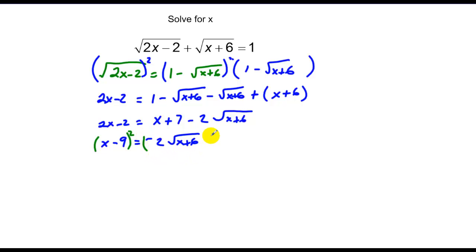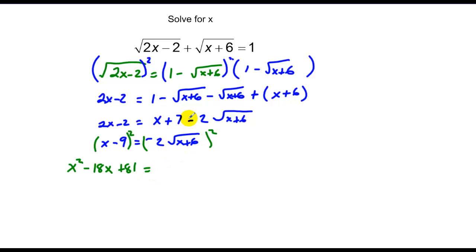Now, you'll notice on the left side I have a subtraction problem. On the right side, this is a multiplication problem. Where I have this binomial, I'm going to have to FOIL. I have x squared minus 18x plus 81.